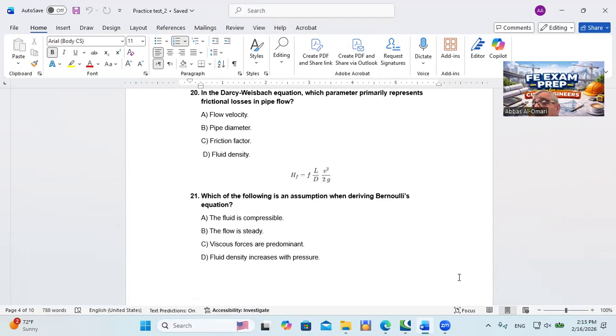Fluid is compressible? No. Flow is steady? Yes. Viscous forces are predominant? No. Fluid density increases with pressure? No. So steady flow is an assumption for the Bernoulli equation.